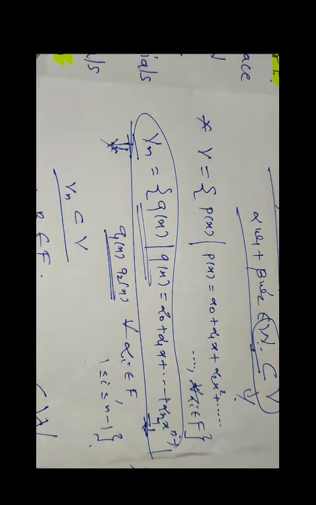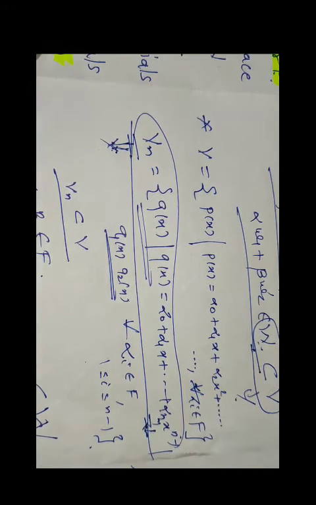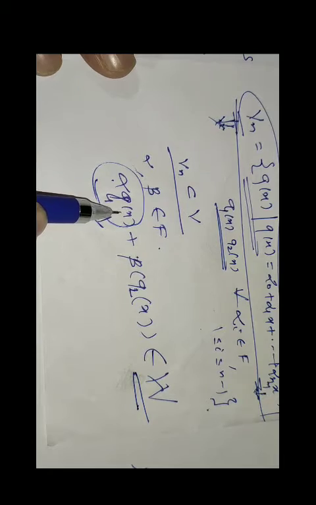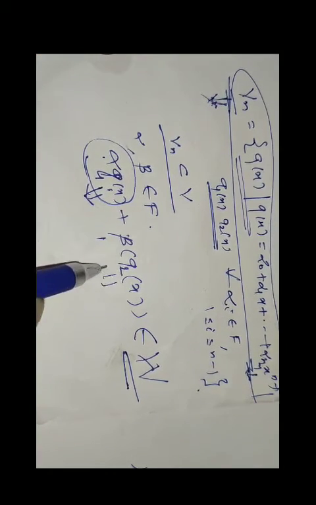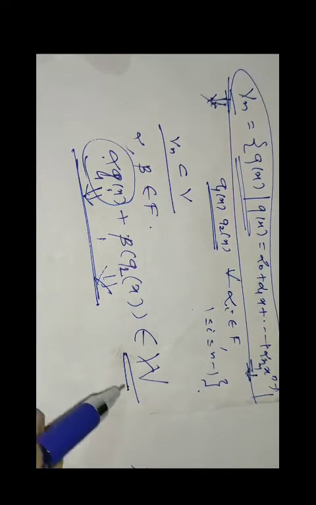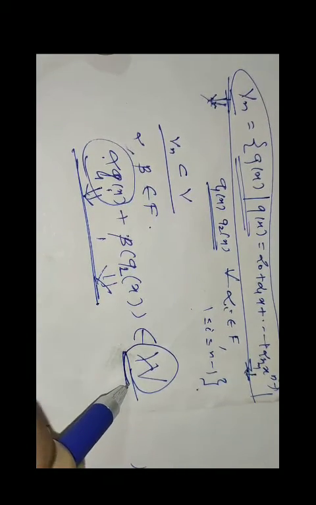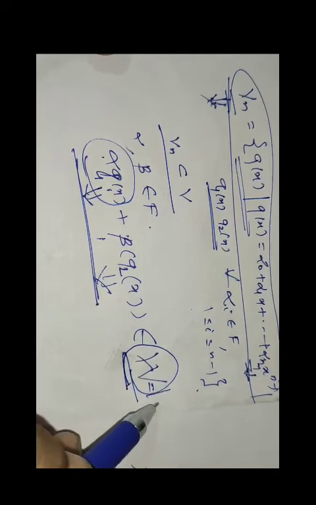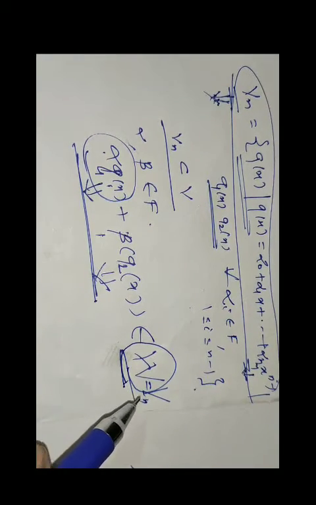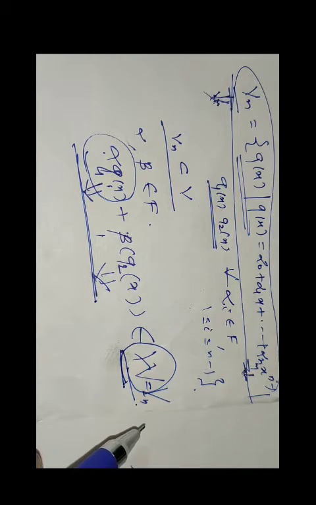So the sum also belongs to Vn, the set having degree less than n. Definitely.